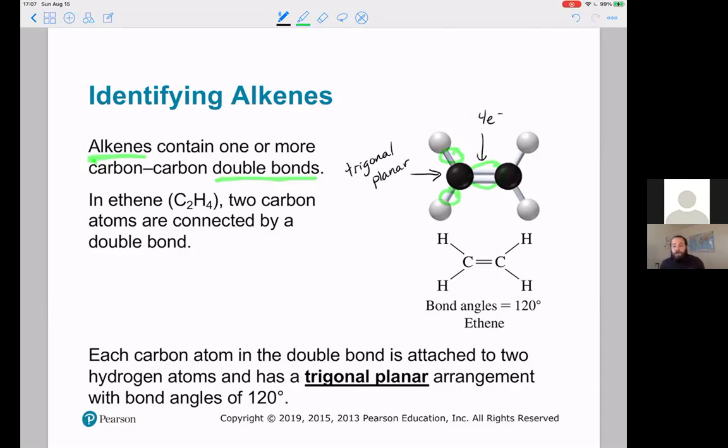So remember, in an alkane, that carbon was shaped like a tetrahedral. In an alkene, those carbons are shaped in a trigonal planar geometry, which means that they all lie in the same plane and they're exactly 120 degrees apart. So if you visualize this as a 3D molecule.